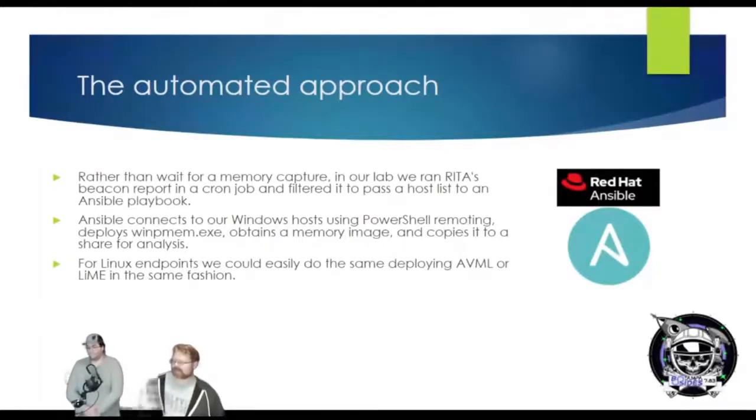We've created automation where RITA's beacon report goes in a cron job. It's default. What I was showing you earlier is the human readable format if you give it the -H option. If you don't, it actually puts it in comma delimited format, which is really great to pass to awk, Python, sed, and do all kinds of neat automation with.